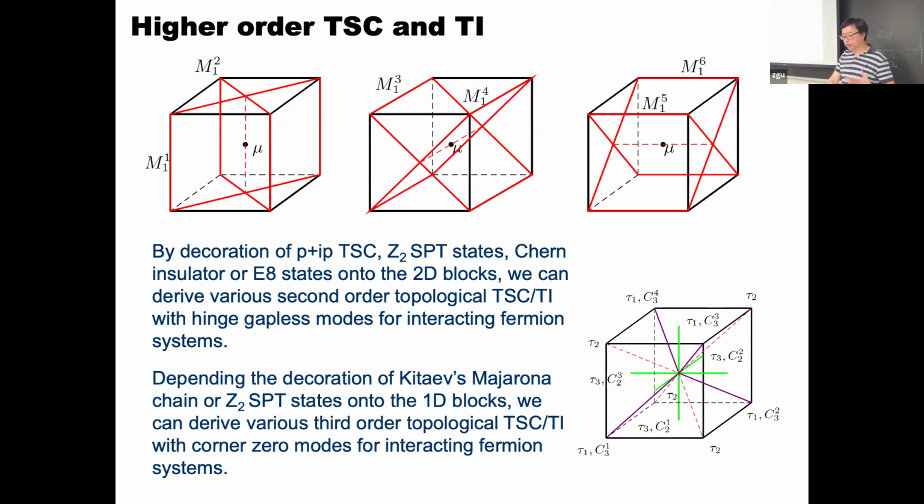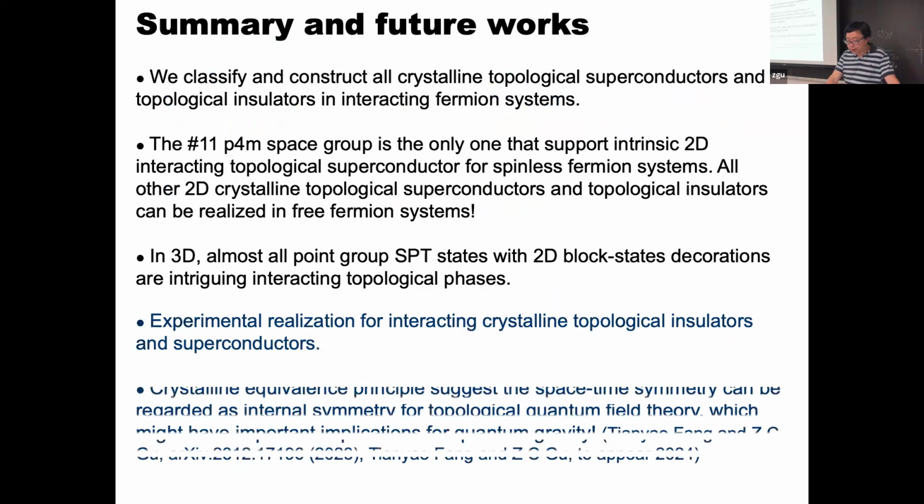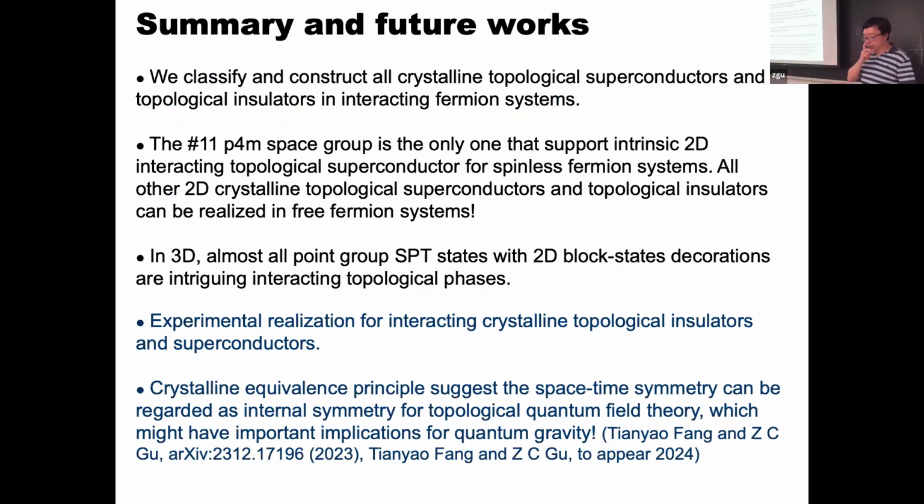So the conclusion is that in the real space construction, these higher-order states can be visualized in a very simple way. But in the momentum space for fermions, I think the higher-order states are really complicated. Sometimes you need to design a certain Wilson line in the Brillouin zone to do the calculation. It's pretty complicated. So finally, as a conclusion, in 2D the most interesting case is the P4M symmetry group.